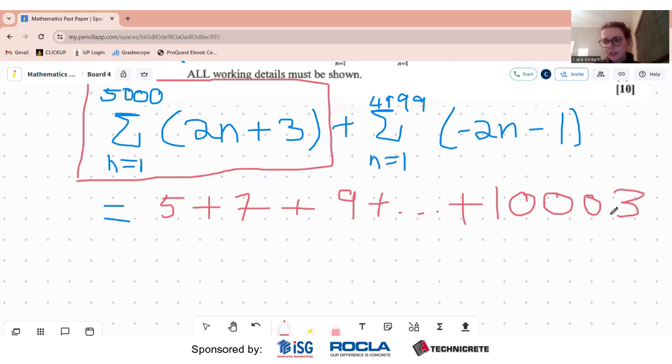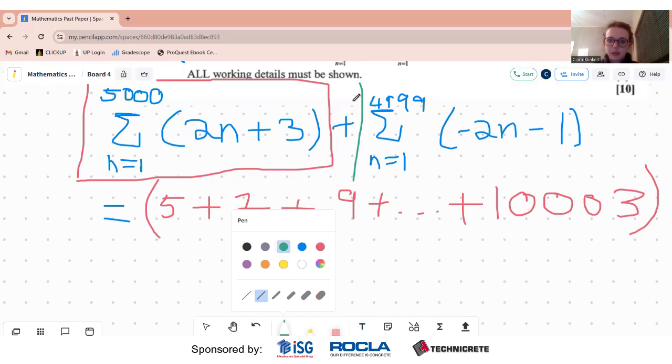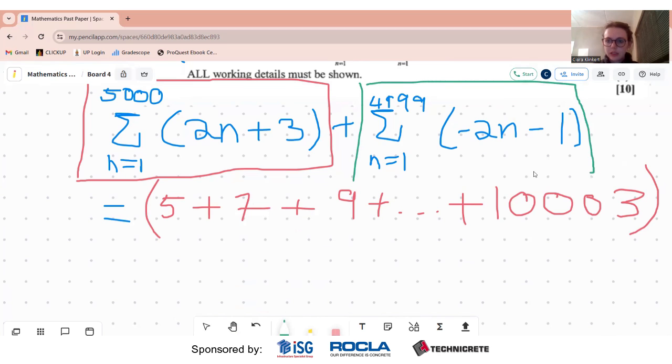I also like to put brackets around each sigma's expansion, because then I can keep track of which sum is which. Okay, let me go and do the second sigma now. I always like to write the next sigma's expansion on a new line as well. Okay, plus, let me just keep that same blue going.